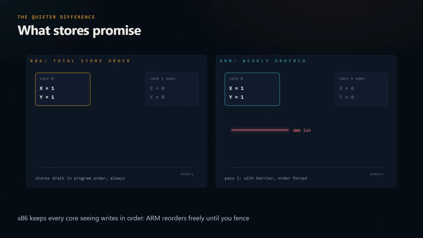Watch the ARM side. Y arrives before X, so the observer briefly sees a state that never existed in program order. That is legal. Weak ordering gives hardware room to optimize, but it moves the burden onto software, and porting lock-free x86 code to ARM is where careers go to be humbled.